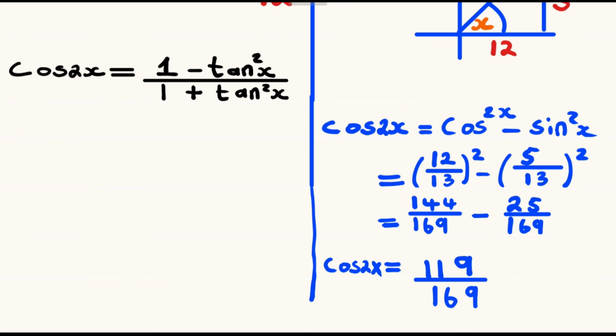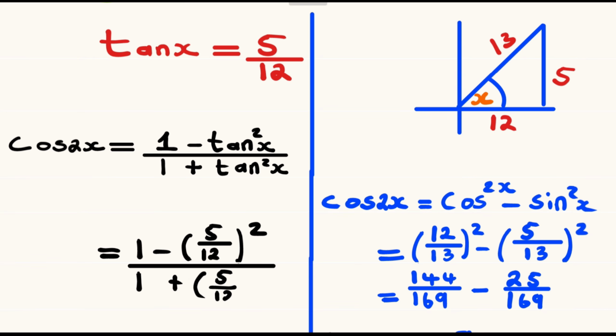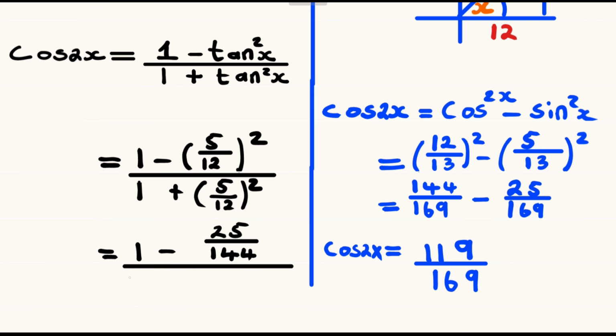So let's use the trigonometric identity. So we have 1 minus, in the place of the tan, we are given that tan x is 5 divided by 12, and it will be squared, divided by 1 plus tan is 5 divided by 12 squared. This will be equal to 1 minus 5 squared is 25, 12 squared is 144, divided by 1 plus 5 squared is 25, 12 squared is 144.